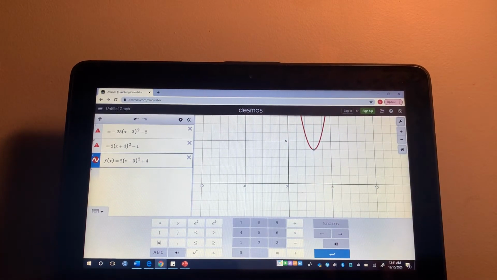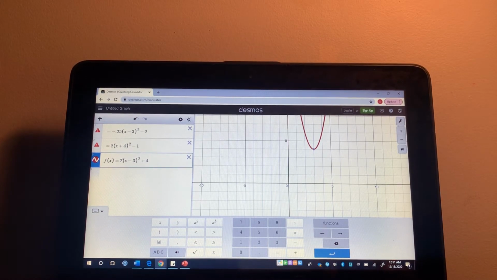But since it's 2, if we have x is 2, or f of 2, because we have f of x there, if we substitute in that x for 2, then it just changes that x to 2. 2 minus 3 is negative 1, squared is 1, plus 4 is 5. Times 2 is 2, plus 4 is 6.